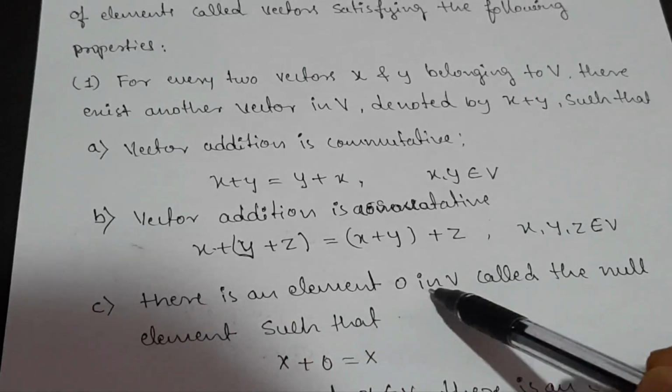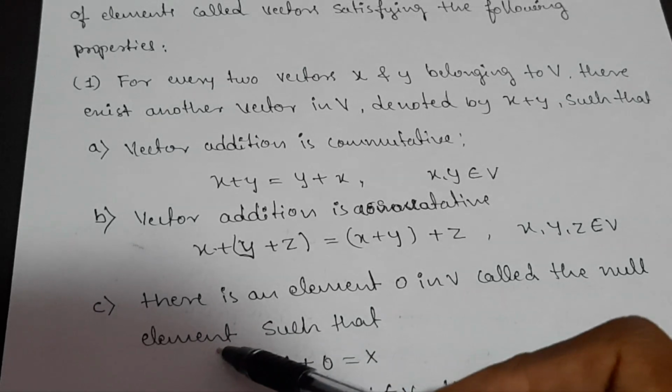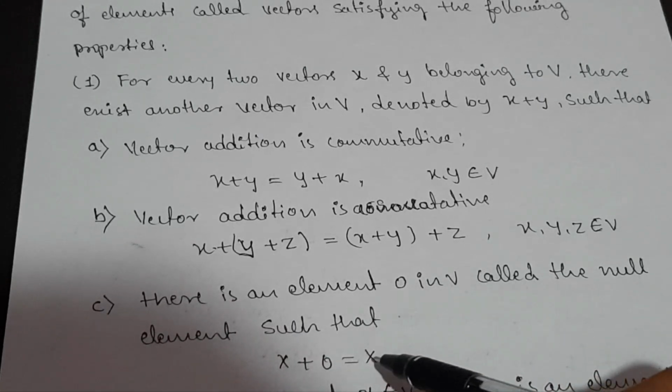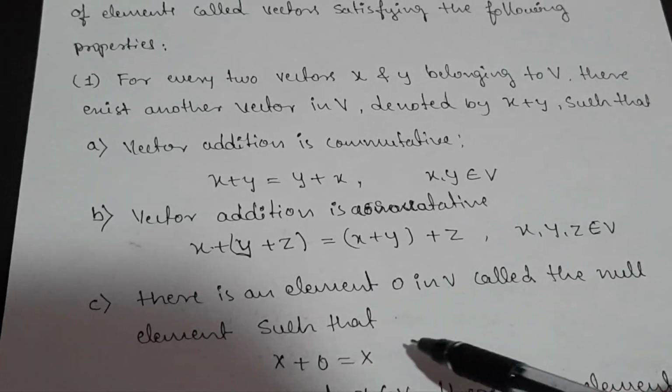There is an element 0 in vector space V called the null vector such that x plus 0 is equal to x.